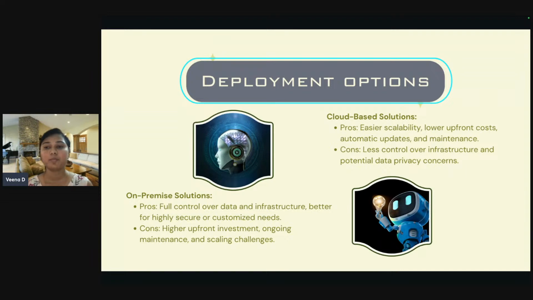But you will not have much control over the infrastructure and how the data is being handled, because data privacy is very important, especially where you will be dealing with user data.